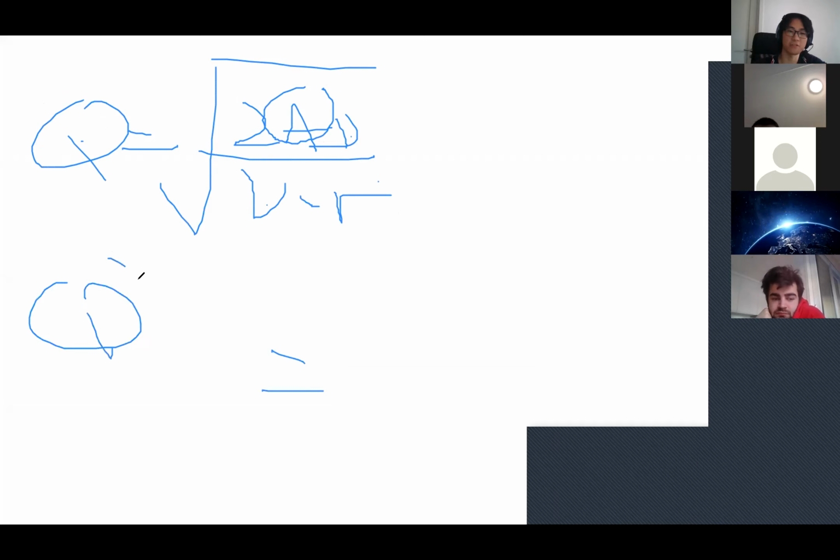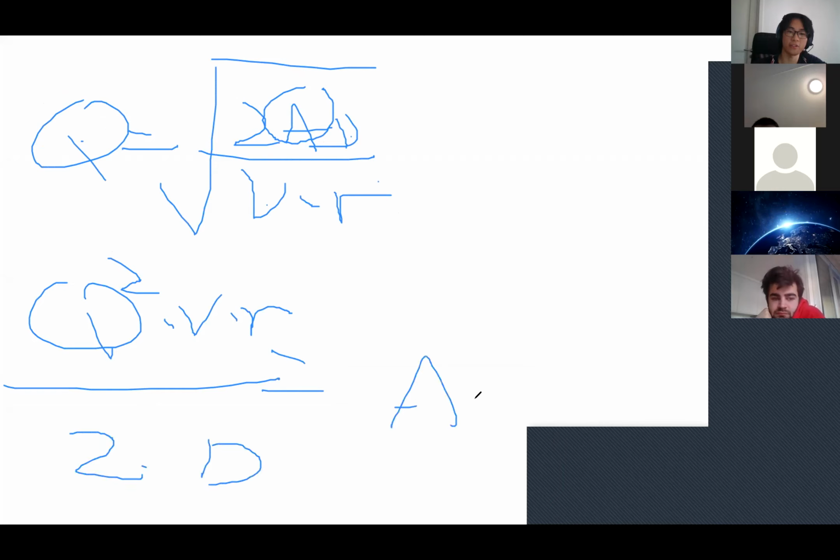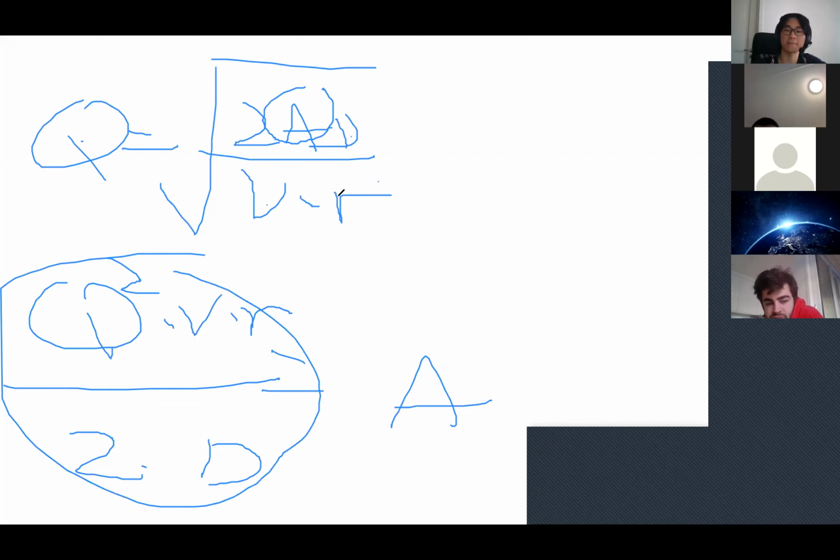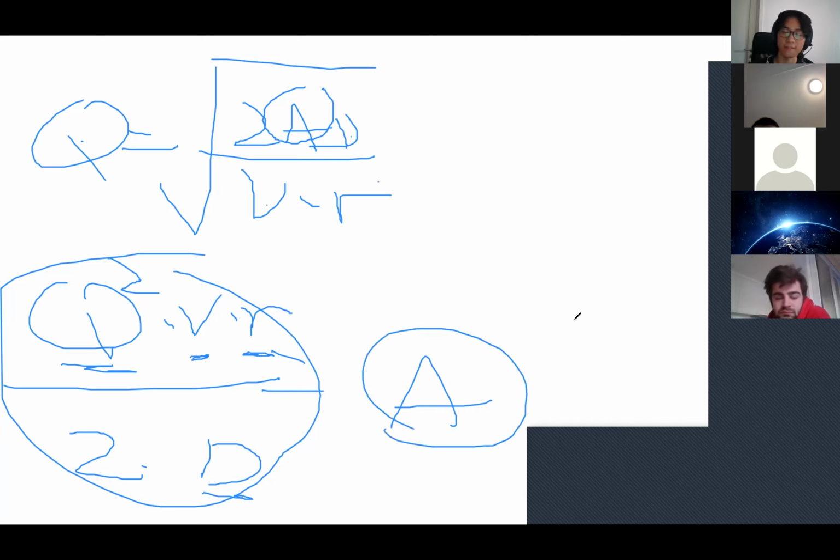So it's just Q squared VR divided by 2D, which is our A. Then you just use this formula to calculate. Q is 1, V is 40, R is 0.25, D is 100. And then you calculate the order cost, or expected order cost.